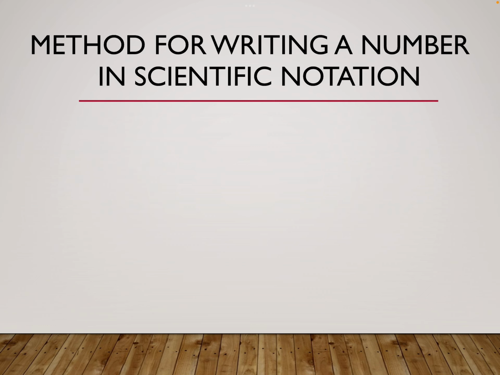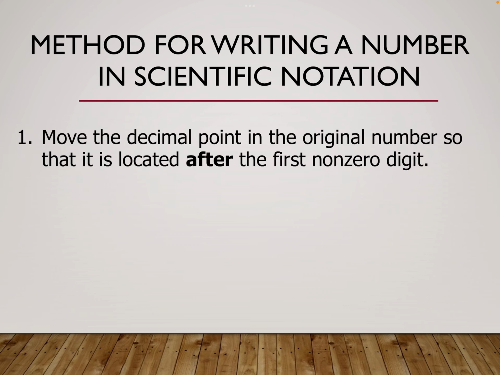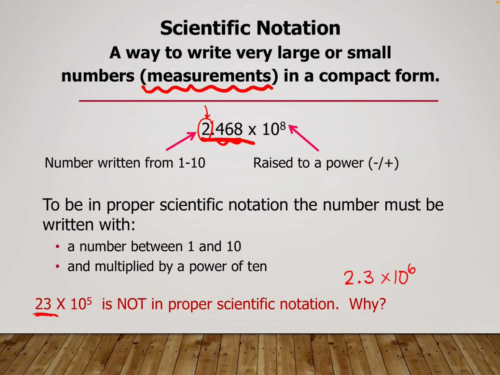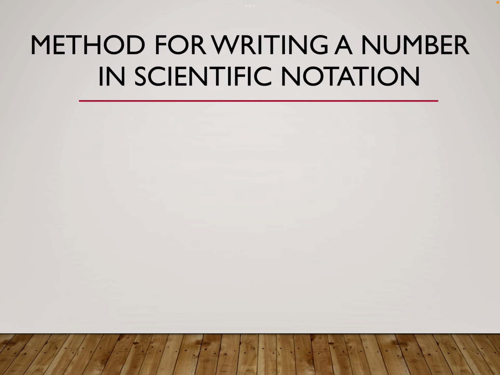All right, so let's learn how to write a number in scientific notation. We're going to move the decimal point in the original number so that it's located after the first non-zero digit. Essentially, if we look at the previous slide, 23 times 10 to the 5th, we would move our decimal one place so that there's only one number in front of that decimal.